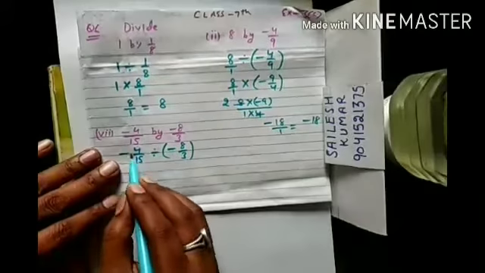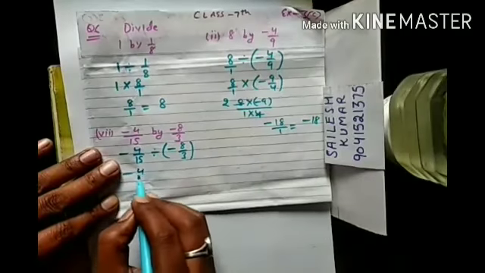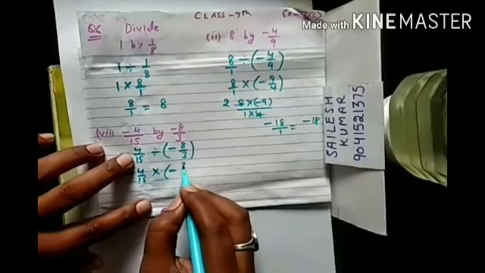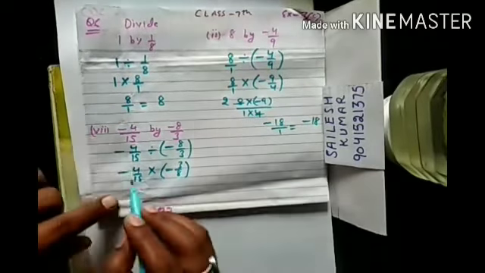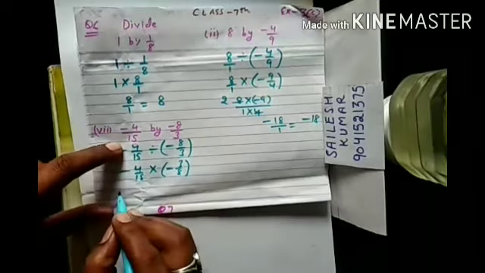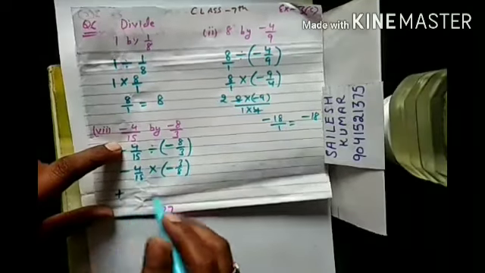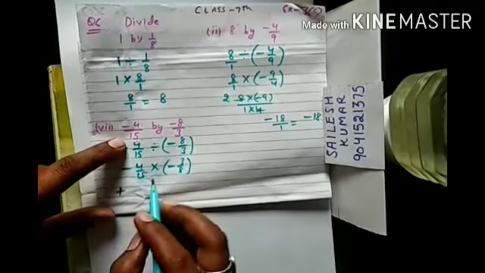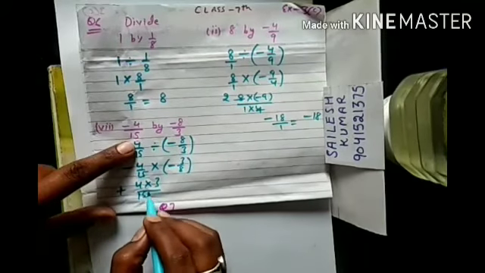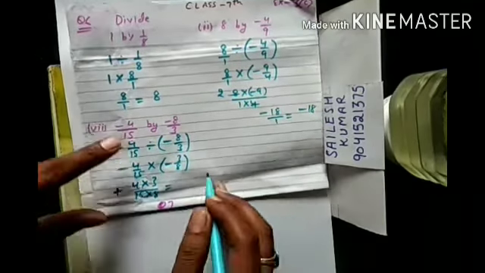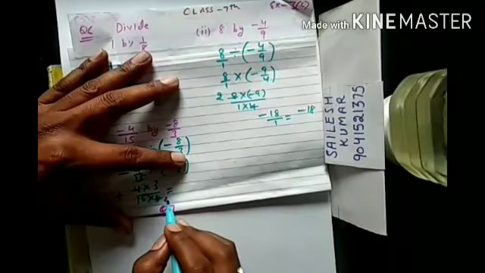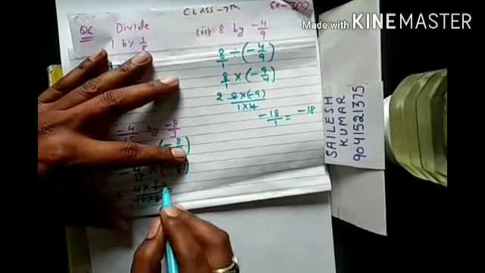Here minus 4 by 15 divided by minus 3 by 8. Now minus and minus are multiplied, therefore the answer will have a positive sign. So 4 multiply 3 over 15 multiply 8. 4 2s are 8 and 3 5s are 15.